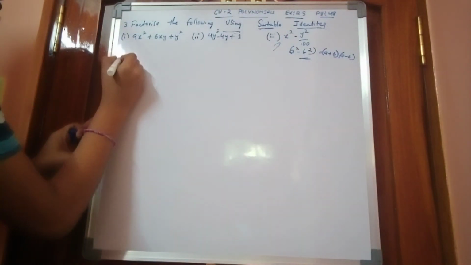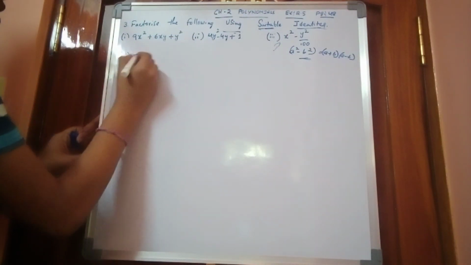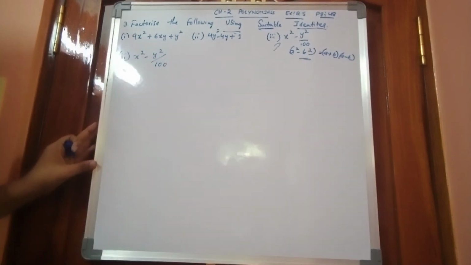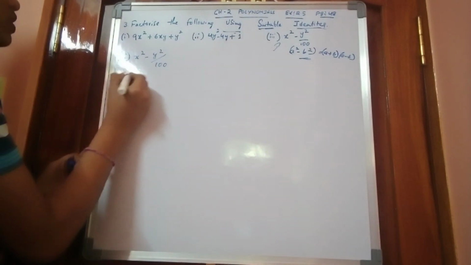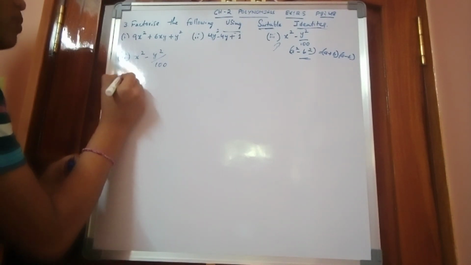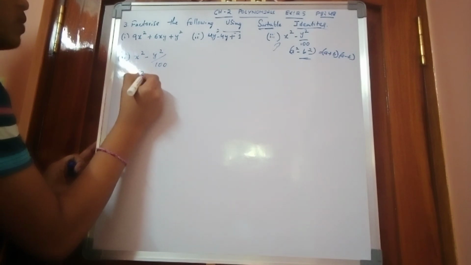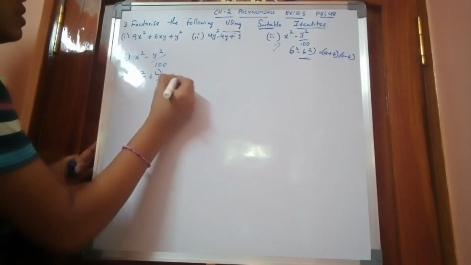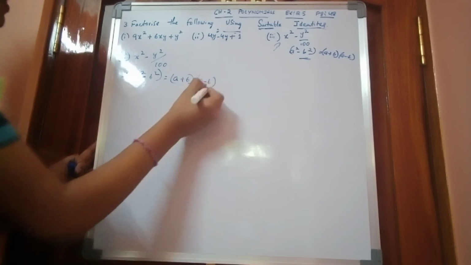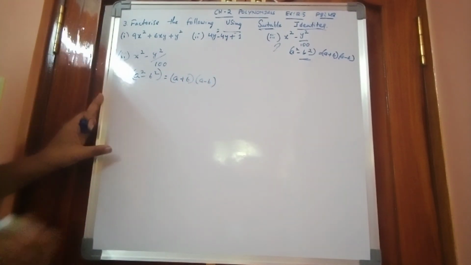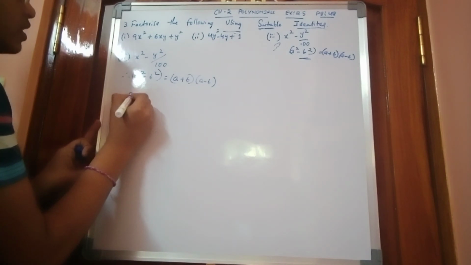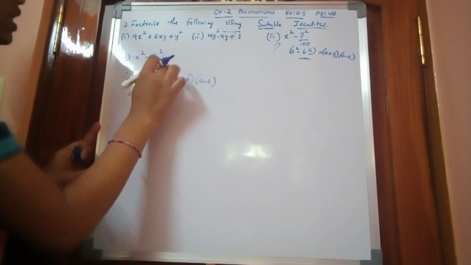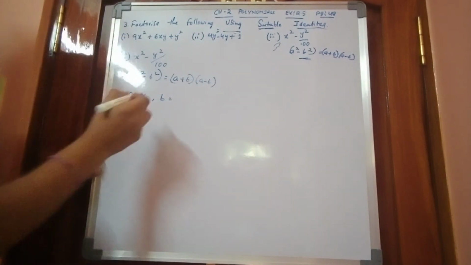So now coming to the third one, x square minus y square by 100. You must write the formula: a square minus b square is equal to a plus b into a minus b. Here we take the square numbers, that is a is equal to x and b is equal to y by 10, because 10 square is 100.